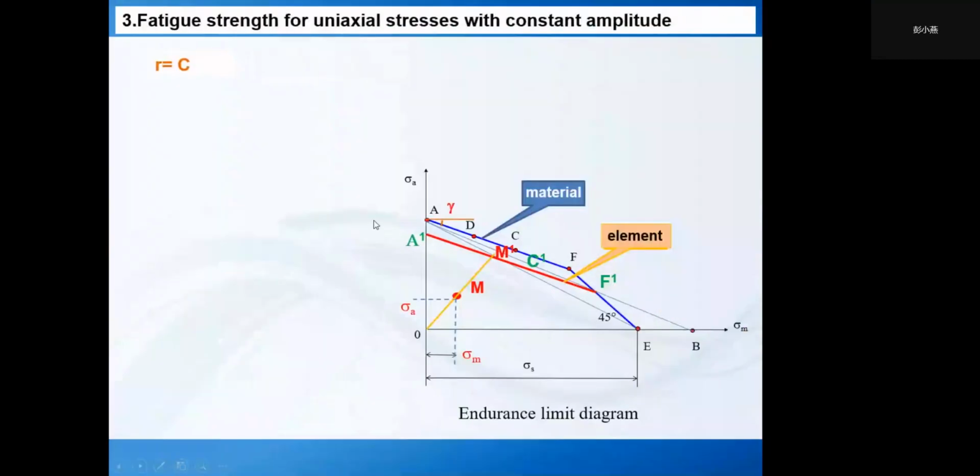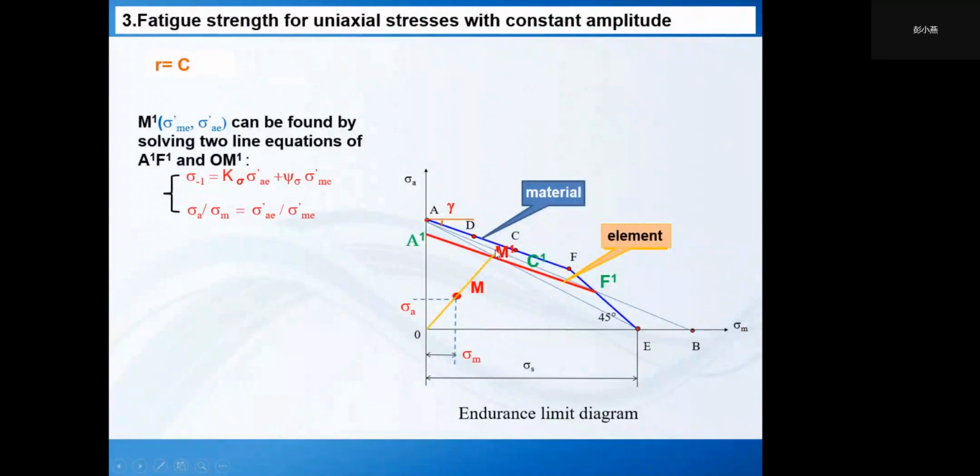Okay. And then the coordinates of M1 can be found by solving two line equations of A1 F1 and O M1.